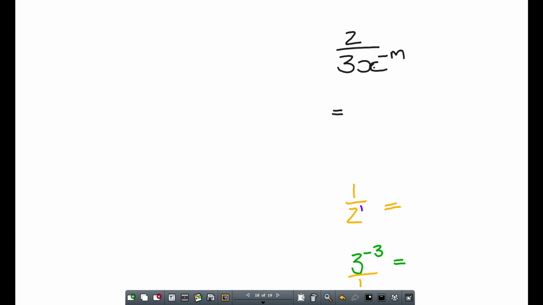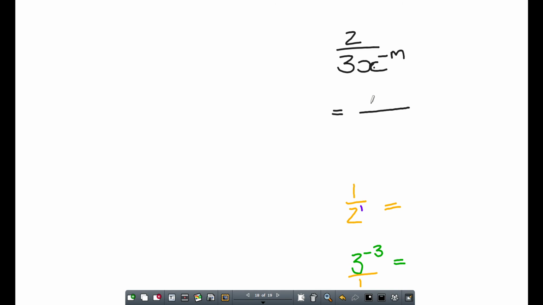The x. There we go. That m only applies to the x. So can you see that that 3, is that going to move? No. You only move the exponent and its base. So, what would that then be?